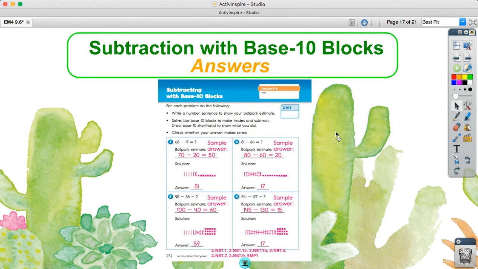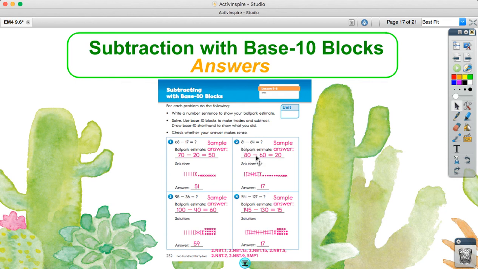Check your work. Number 1, the ballpark estimate for 68 minus 17 would be 70 minus 20 equals 50. Your solution is shown here, and your answer would be 51. Number 2, 81 minus 64.